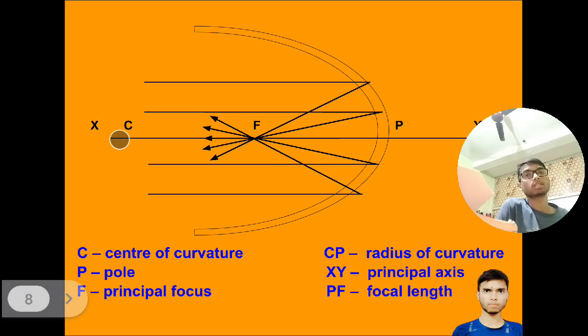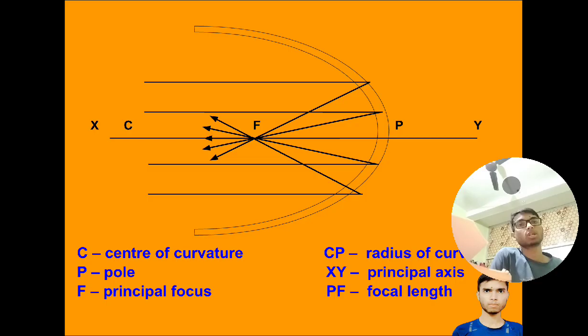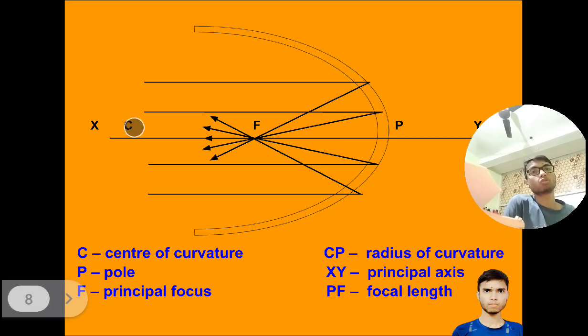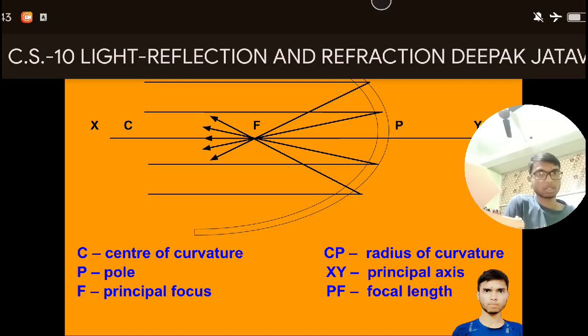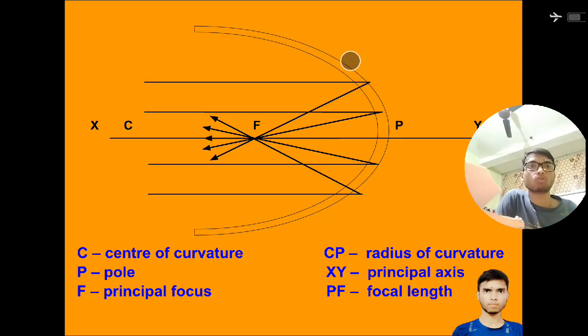This is X and this is Y. From here till here it is the radius of curvature, but from X till Y will be considered as the principal axis. Next is the focal length.